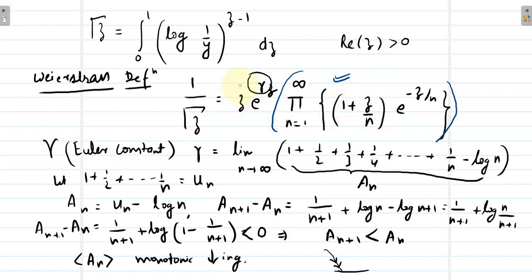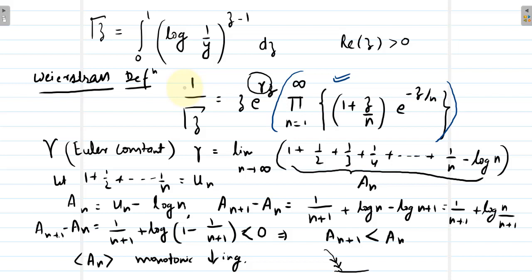Because these terms are now in the denominator, at z equal to 0 and at z equal to minus n, that is, at z equal to 0, minus 1, minus 2, minus 3, minus 4, according to the Weierstrass definition the gamma function ceases to be analytic.